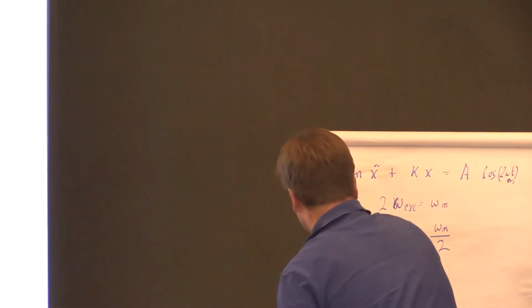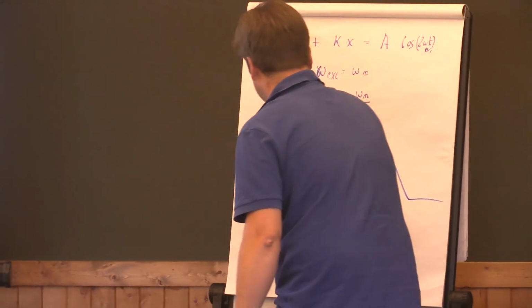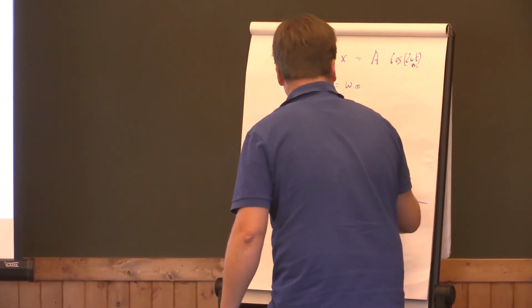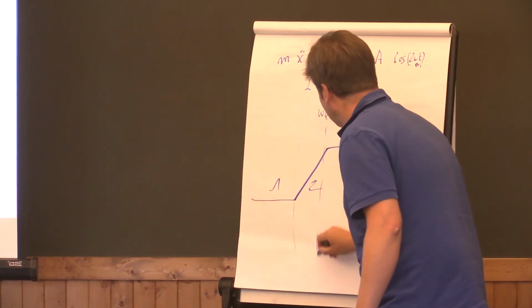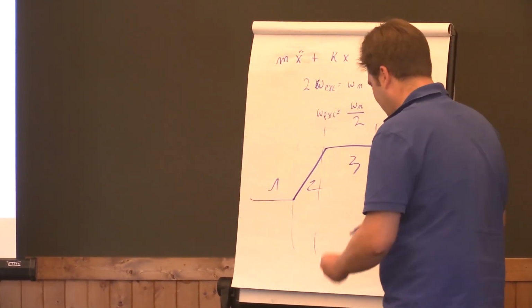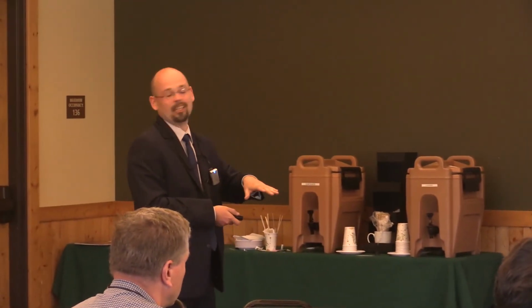Imagine something like this, a flattened out part of the curve. So this is 1, 2, 3, 4, 5. Is it clear now? 2 and 4 are power on, power off? Yes.